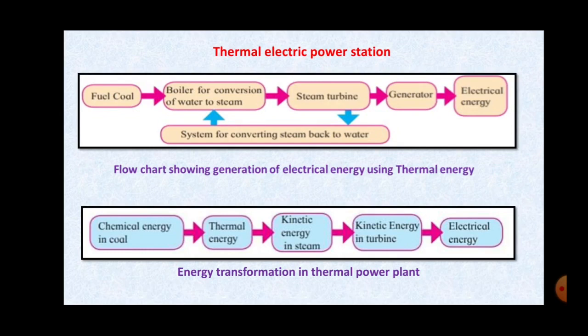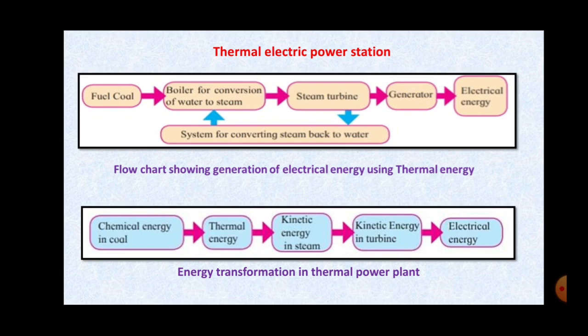In this we had studied first the thermal electric power station, where the fuel used is coal, and in the boiler the water is converted into steam, and the kinetic energy of steam starts rotating the turbine, and in turn this turbine starts rotating the generator, and the steam again is allowed to condense, and it is converted back into water and sent back into the boiler.